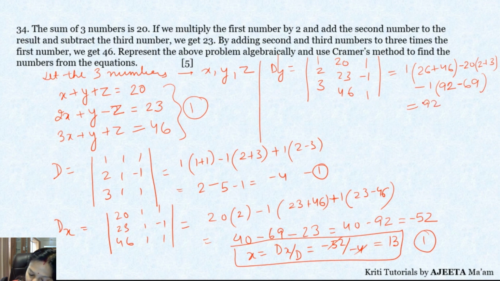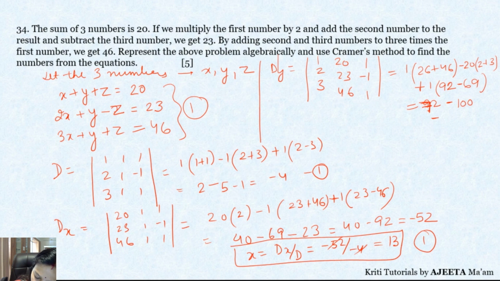We get here 92, 72, and then minus 100. Here we get 72, and here we get minus 20, 2 plus 3, 100, and then for this we get 92 minus 69. Correct?